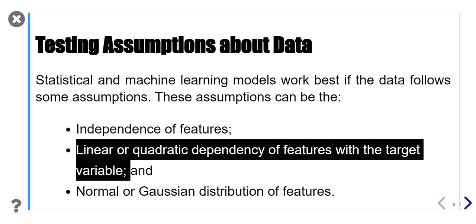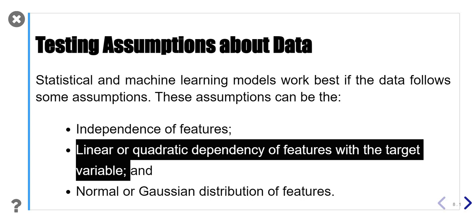Let's say you want to predict the price of the house, because we were dealing with the house data set, right? You want to see the population, for example, and what kind of relationship does it have with the price? Does it have a linear relationship or a quadratic dependency on the features?